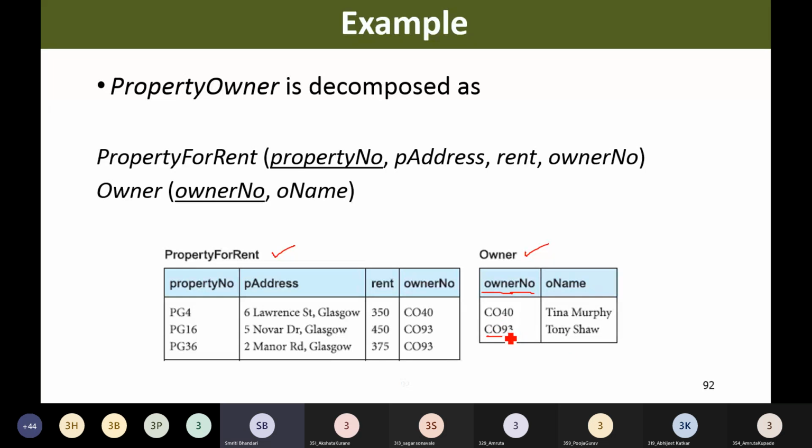Even though this owner number is used repeatedly in the property for rent table, I need not update the name everywhere, because we have removed that attribute from this table and created a separate table, owner. So we have removed this update anomaly. If I want to modify the name, I need to modify it only once.